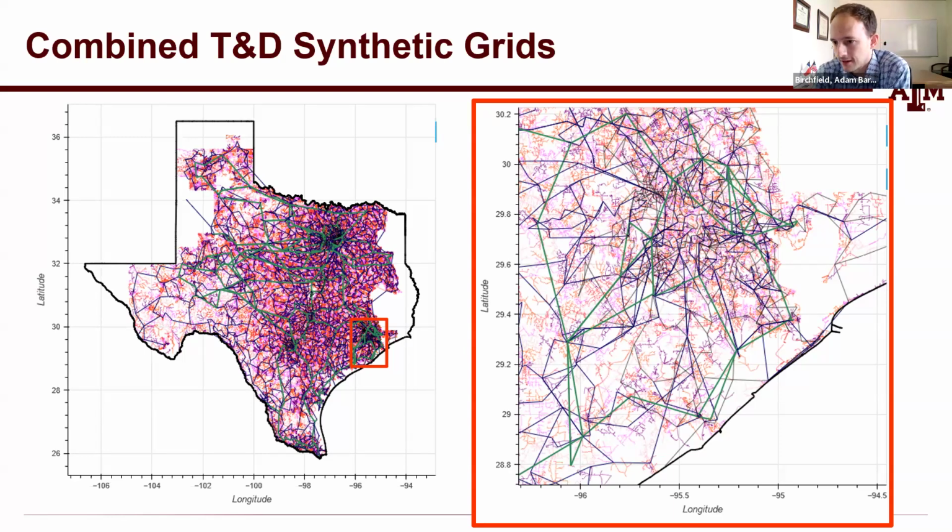But we recognize the fact that the interaction between transmission and distribution is definitely an ongoing area of research, particularly as more smart devices are connected to the distribution side, rooftop solar, electric vehicles, customer connected generation and batteries, things like that.